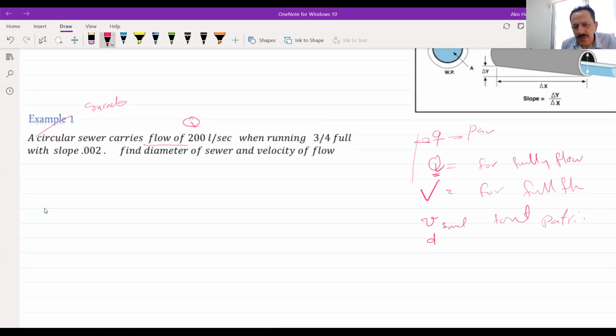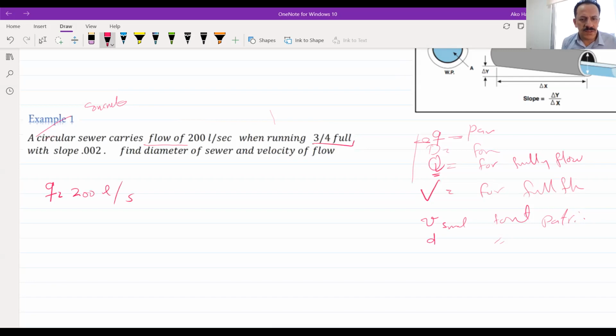Use small d for partial. Use capital D for full. So imagine that you have a full pipe, it means that it will be bigger, and partial it will be smaller. So in this pipe we have a flow which is small q, and how do I know that this is not a full flow?